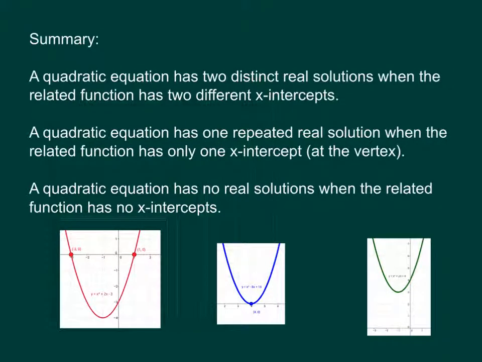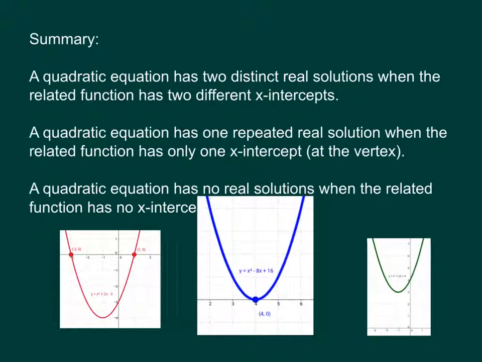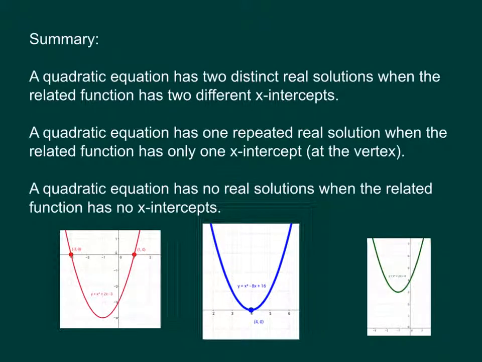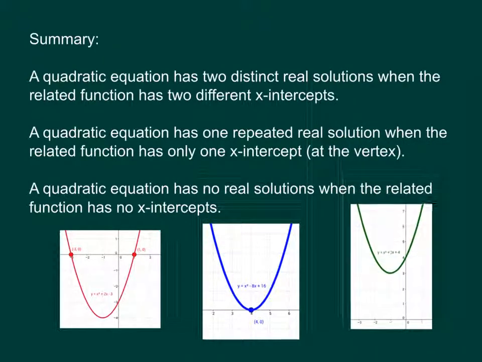If the quadratic equation has 1 x-intercept, which happens to be at its vertex, which would be in this case 4, 0, x equals 4, then it's only going to have 1 repeated real solution. So that's a different case there. And then the third case is that a graph of a parabola has no x-intercepts, like this example here. Then that quadratic equation is going to have no real solutions.